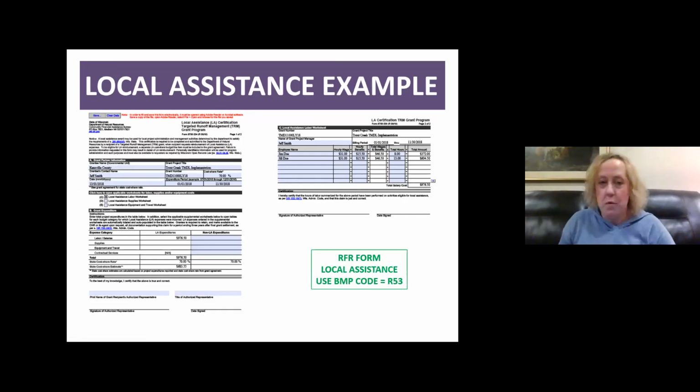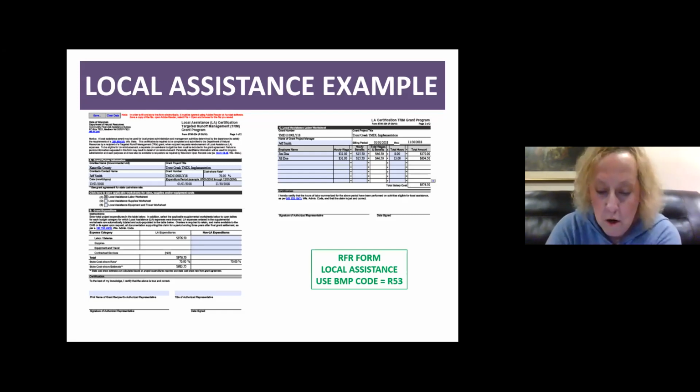So now for the large scale TRM grantees that have local assistance funding as part of their award, I just want to point out that for the times when you're going to be seeking reimbursement for local assistance, you're going to need to fill out this particular form, the local assistance certification form.